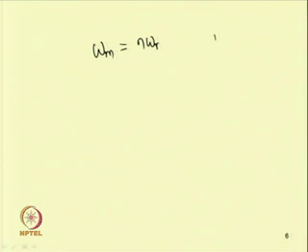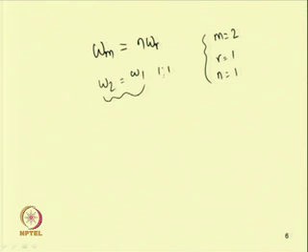For example, m equal to 2, r equal to 1, and let me take n equal to 1. In this case omega 2 equals omega 1, which is known as 1:1 internal resonance. Similarly, if omega 2 equals 3 times omega 1, this is known as 1:3 internal resonance.